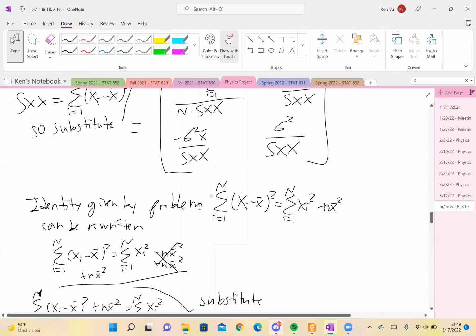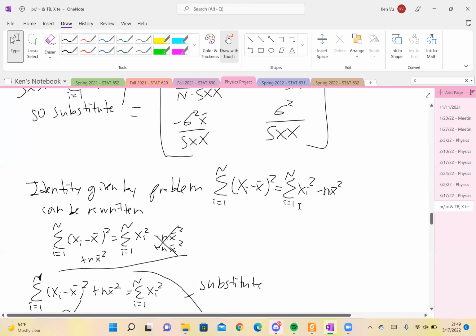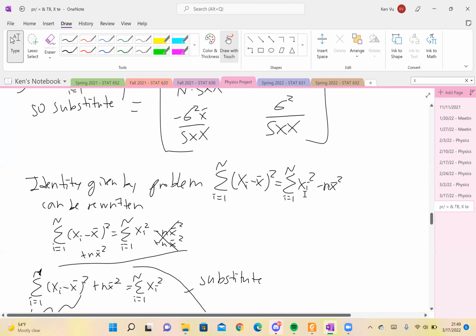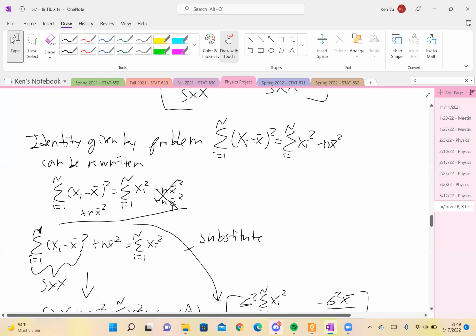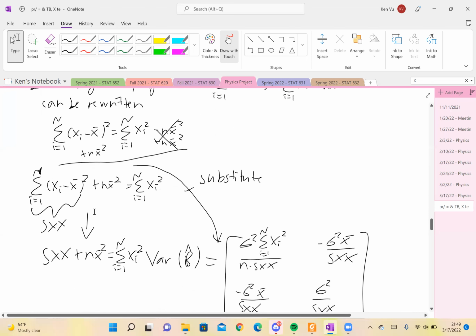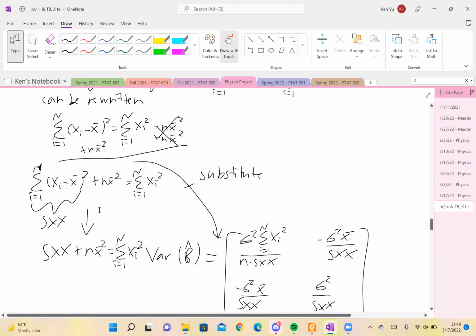Once you see the identity that the problem gives you, it turns out you can rewrite it to get the definition for the sum of the squares of the x values. One way to do that is to add n times x bar squared to both sides. So you get the sum of xi squared equal to Sxx plus n times x bar squared.